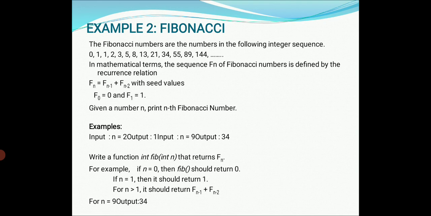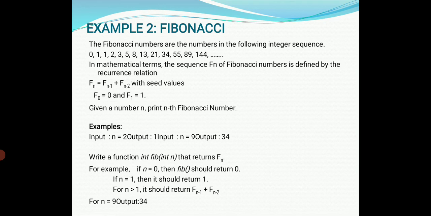That means in the above Fibonacci sequence 0, 1, 1, 2, 3, for n equal to 2, the second number is 1. For n equal to 9, the ninth Fibonacci number is 34. Here there is a function int fib(int n) that returns the nth value.